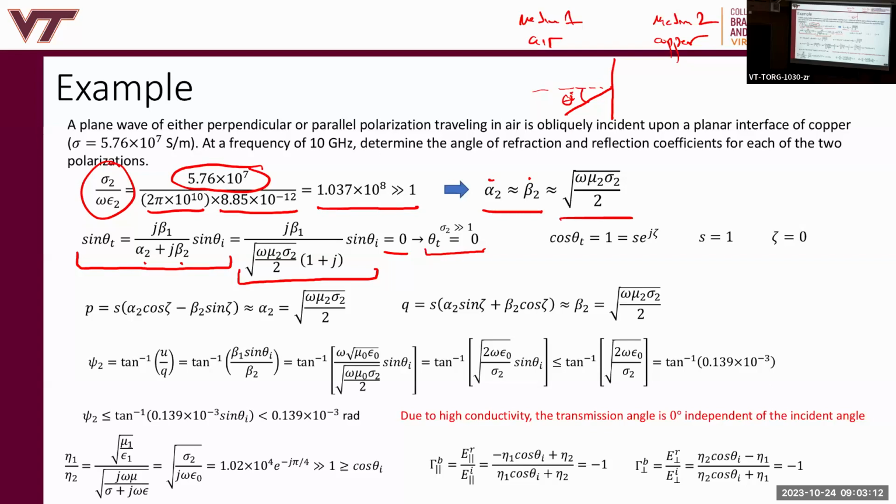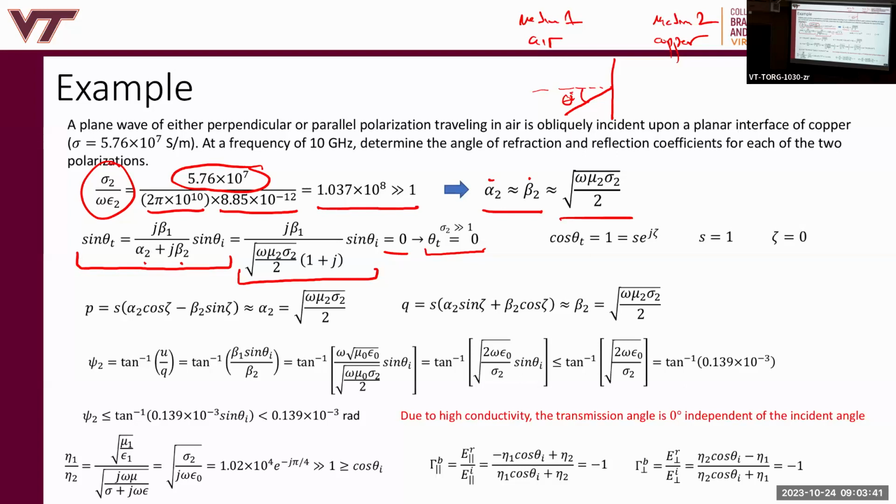Okay, I know what it is. So when sigma 2 is much greater than sigma 1, when the conductivity is high, then the transmission angle is basically normally into it, right? It's like when you're obliquely incident on a conductor, no matter what angle you come in, the transmitted field is always normally into it, right?